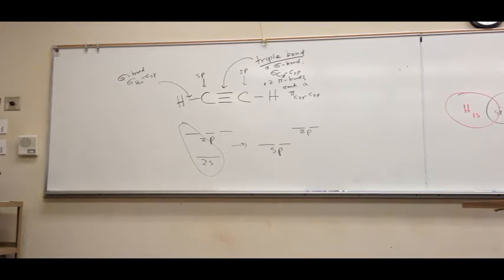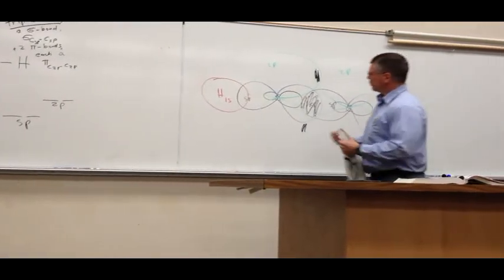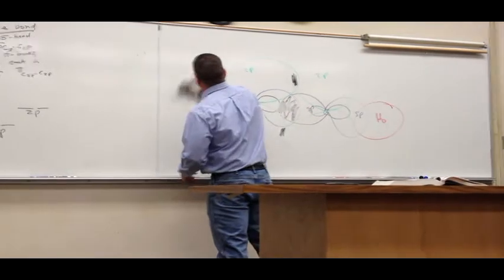Remember, p orbitals on the same atom are 90 degrees to each other. This one's straight up and down. The other one's going to come out of the board and go back into the board. So it'll be one here and one here, overlapping sideways. Getting that picture? Sigma and pi bonds. Let's do one more molecule.